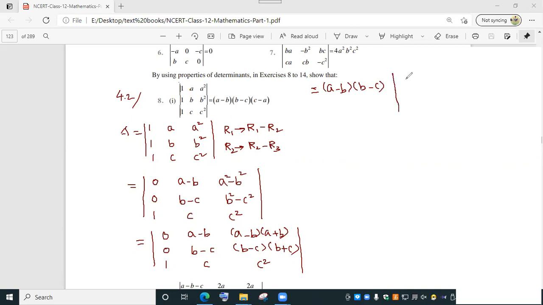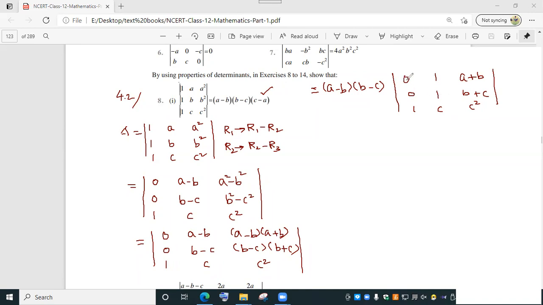After that, we are left with 0, 1, a plus b, then again 0, 1, b plus c, then 1, c, c square. Now, no need to apply more operations. We can expand it directly to get the third factor.